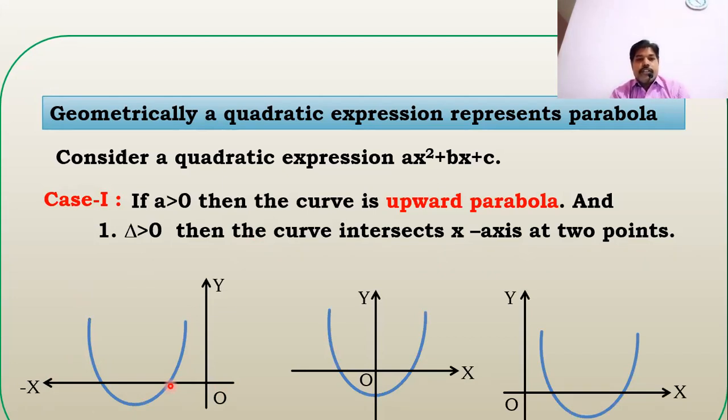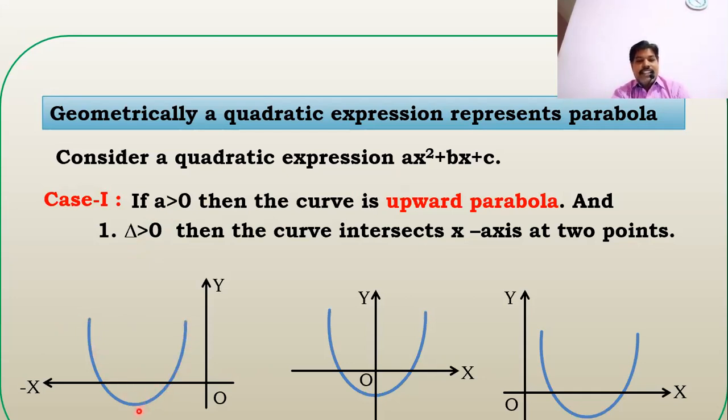And you can observe that in the previous slide we have taken one point. What is that? If a greater than 0, then the quadratic expression has a minimum value. What is the meaning? If a greater than 0, the expression is an upper parabola.